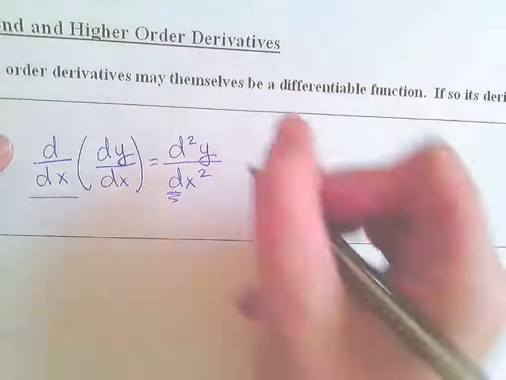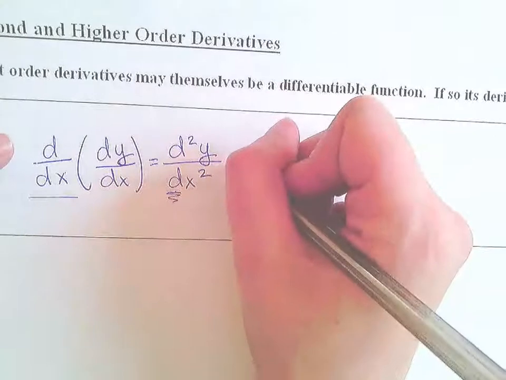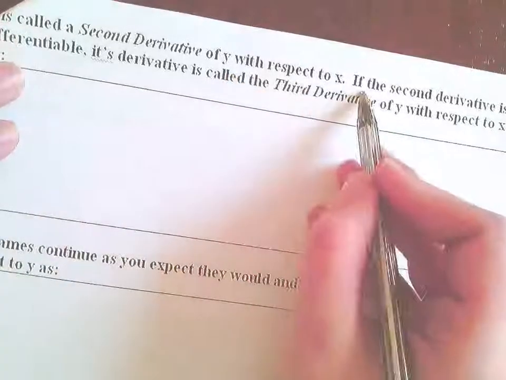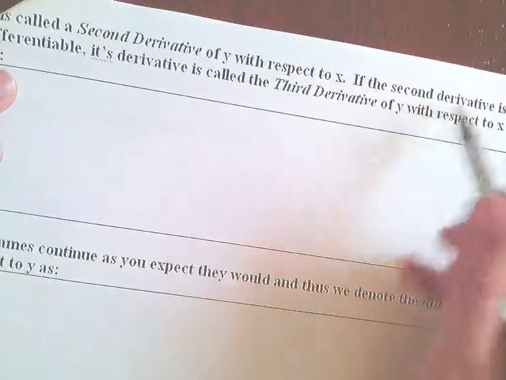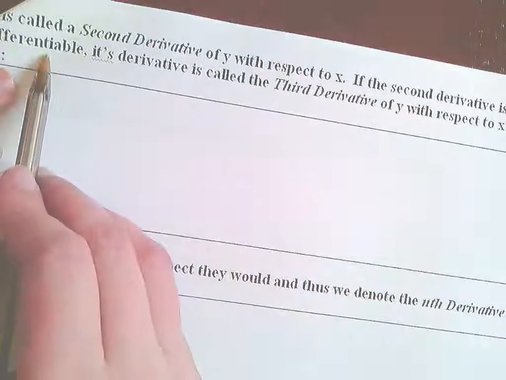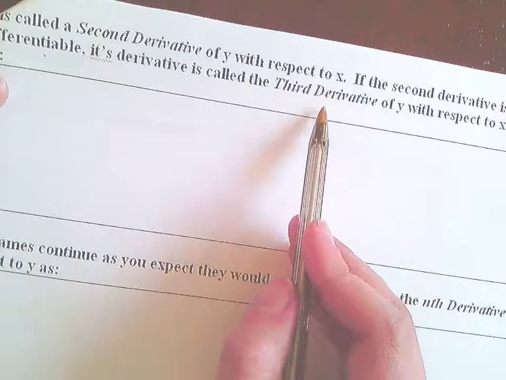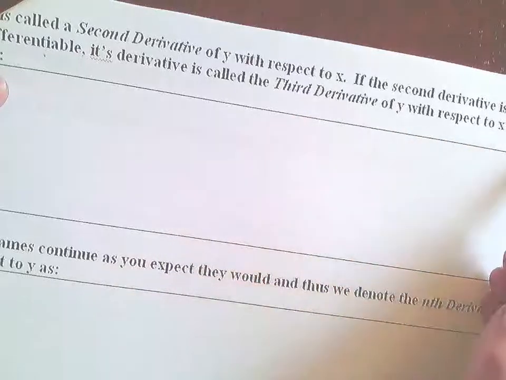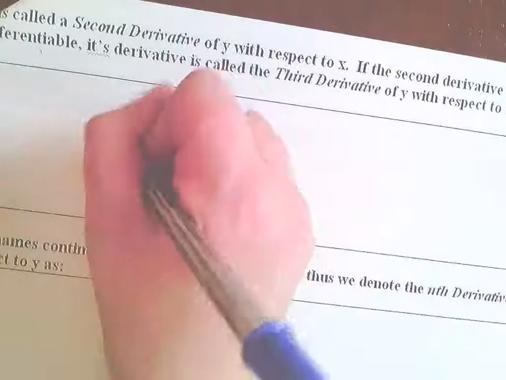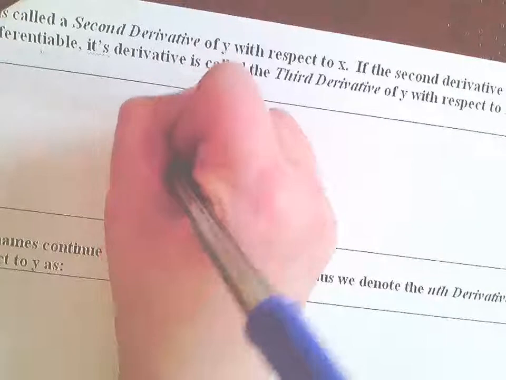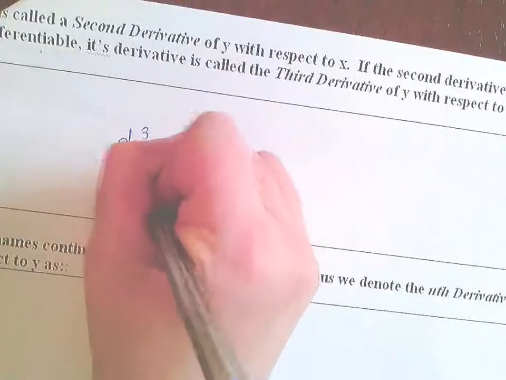Okay? And this is called the second order derivative of y with respect to x. And of course, if the second derivative is differentiable, that means smooth and continuous, its derivative is called the third derivative of y with respect to x. And it's given by d cubed y over dx cubed.